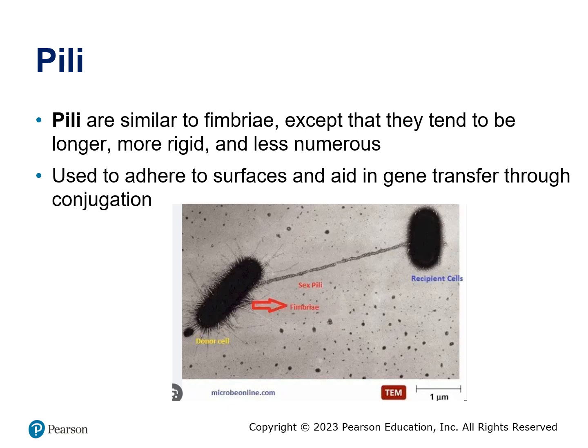So here you see two cells, and the cell on the left is the donor cell. It has the pilus or the pili, and it literally injects its pili into the recipient cell, and it's able to spread genes through the pili from the donor cell to the recipient cell.